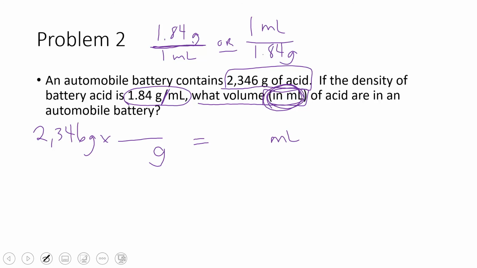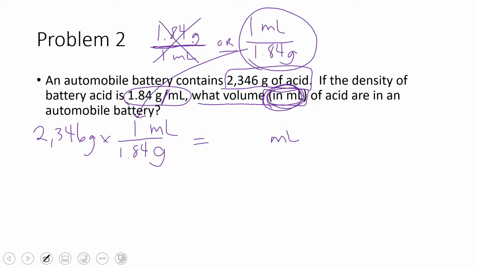And if I want milliliters, what do I want over what I've got? So I need milliliters on top and grams on the bottom, which is not this first one. I need to use this conversion factor. 1 milliliter, 1.84 grams.